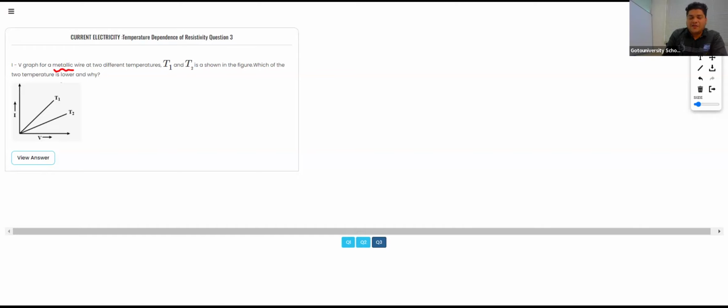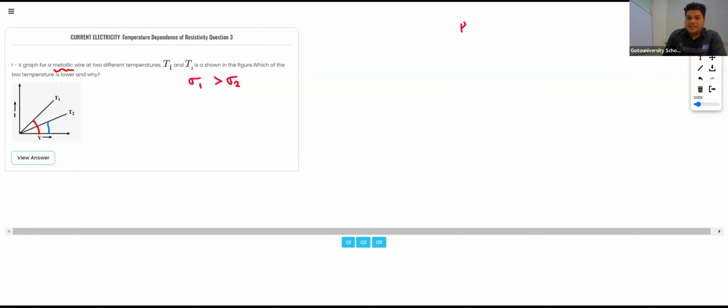The I of red will be greater than blue. I upon V is greater. V upon I is resistance, so I upon V is conductance. That means conductance of 1 is greater than conductance of 2.